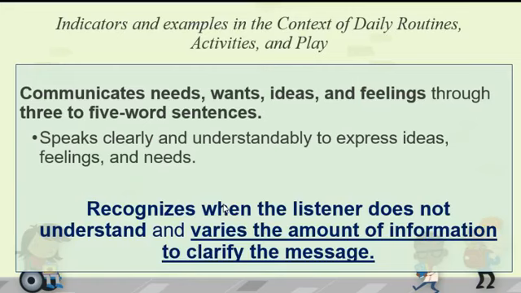So this is one of those indicators now where I have kind of stripped away all the extra details and broken it down to, they want you to communicate their needs, their wants, their ideas through 3 to 5 word sentences, and obviously speak clearly and understandably while they're expressing them.